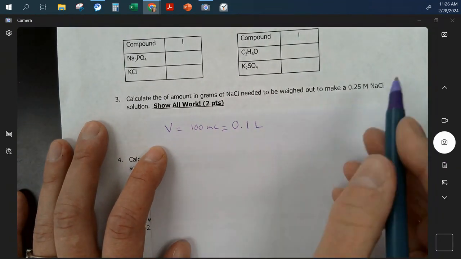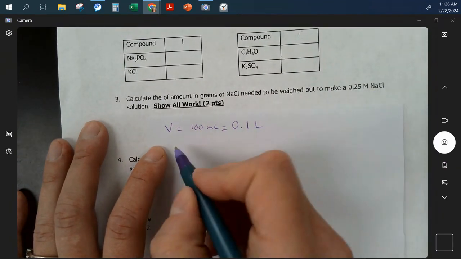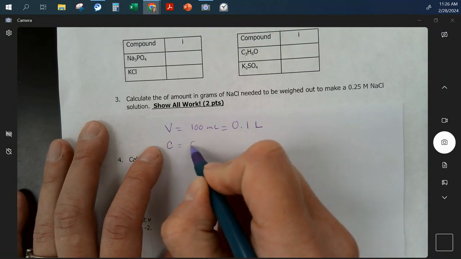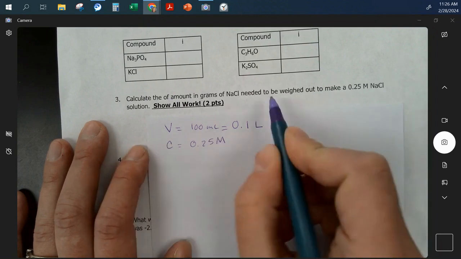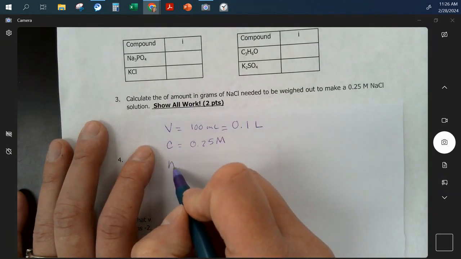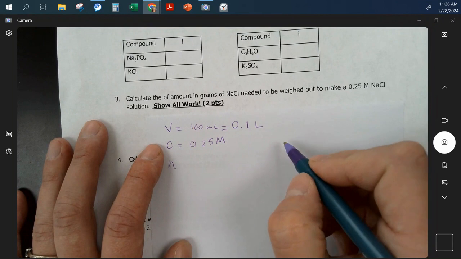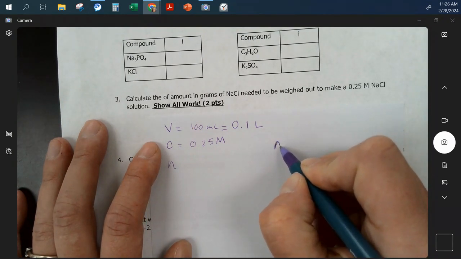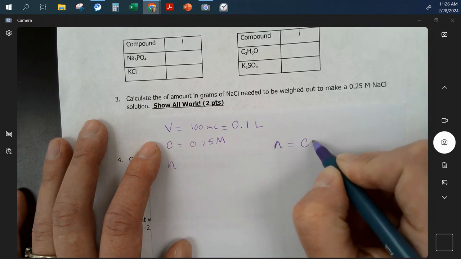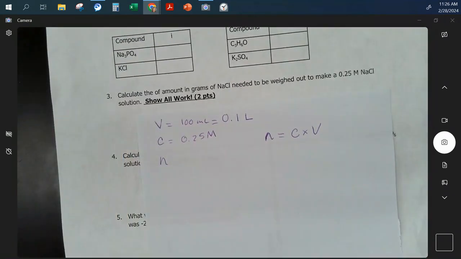We have a concentration which is 0.25 molar. We're looking for the number of moles. We have this equation. Number of moles is equal to concentration times volume.